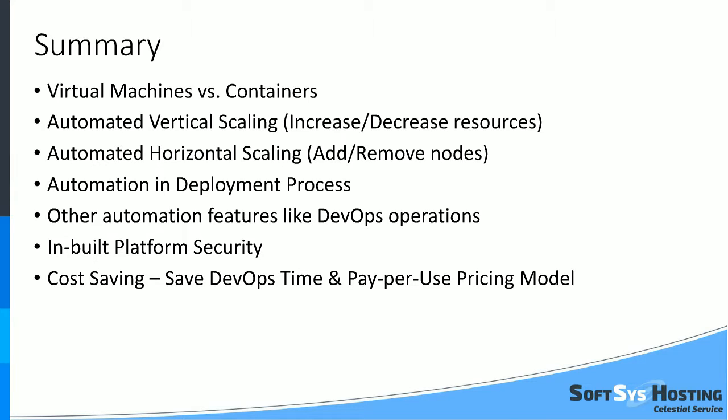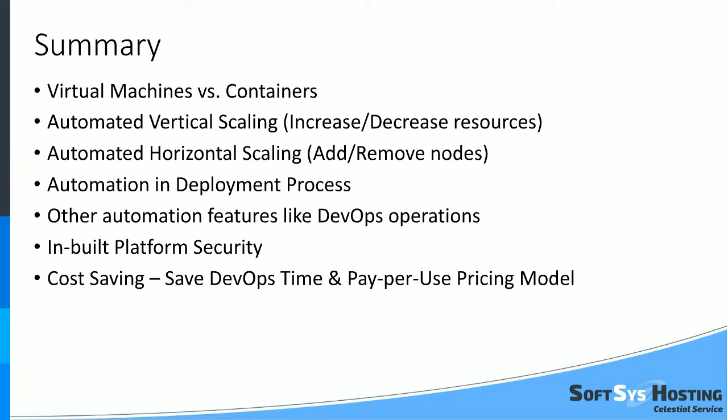So we are towards the end of this session today. Let's recap what we reviewed today. The first was virtual machines versus containers, and how moving to a containerized setup helps in automation, efficiency, and profitability. We also reviewed automated vertical and horizontal scaling to make our entire environment elastic.